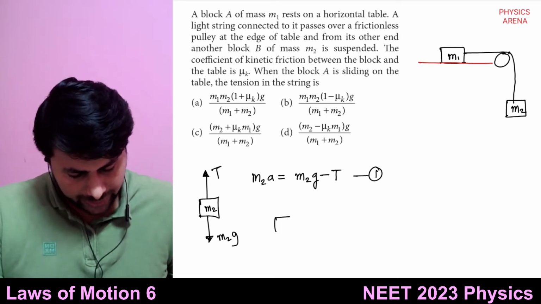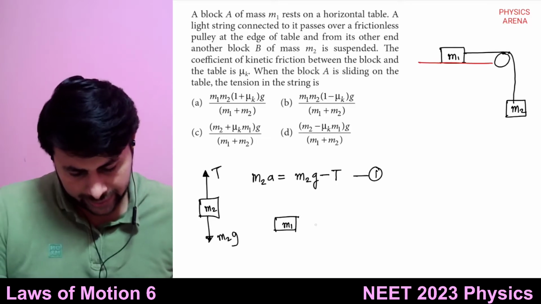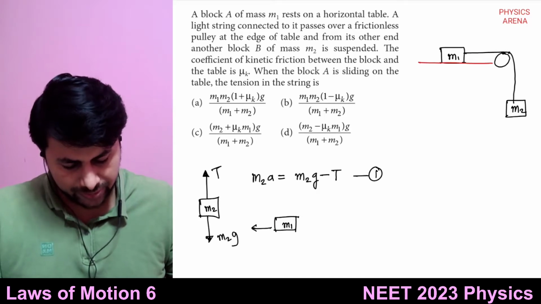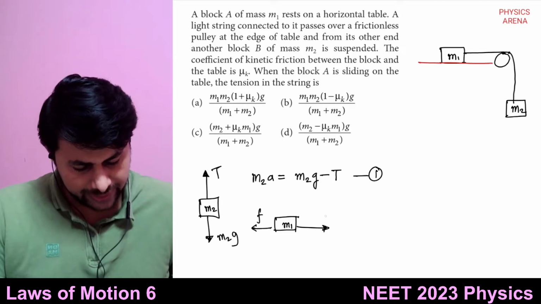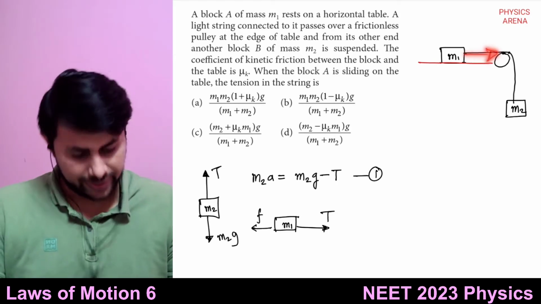Similarly, consider mass m1, and there is some friction acting on this mass m1. So the frictional force f acts towards the left, and towards the right is the tension in the string.